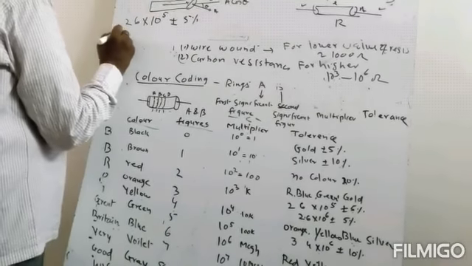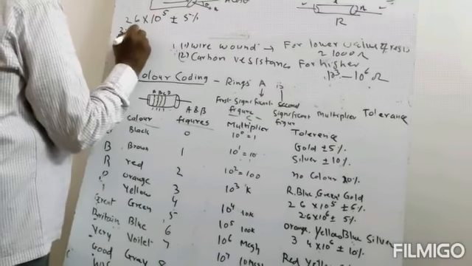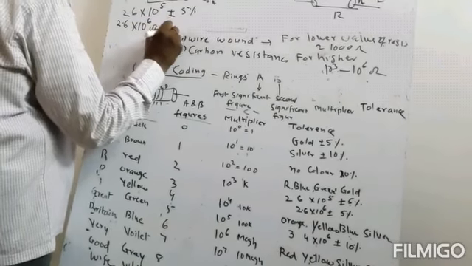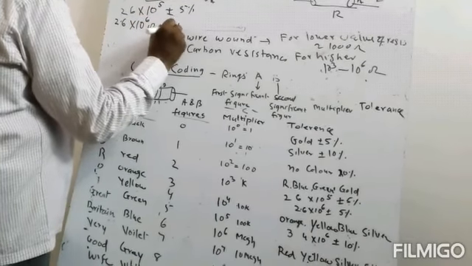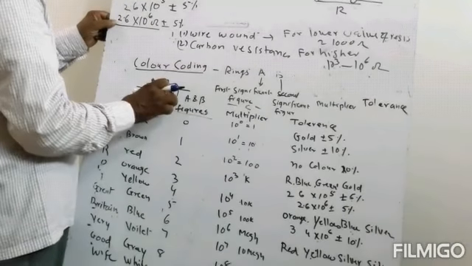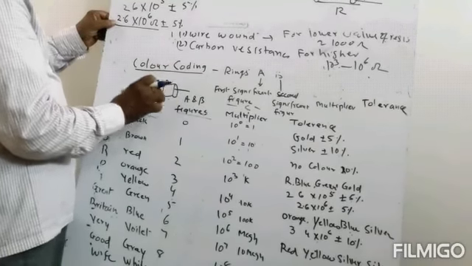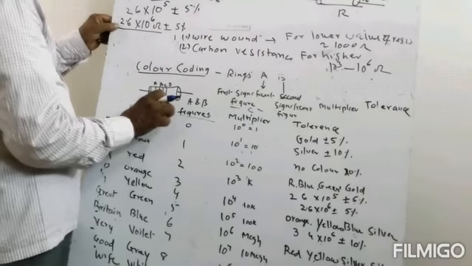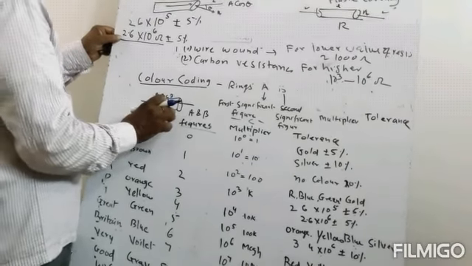So this will be equal to 2.6 × 10^6 ohm plus minus 5%. This will be the value. This value is not written on the carbon resistance. Only colors are there, and by colors we can find the resistance of the carbon resistance.